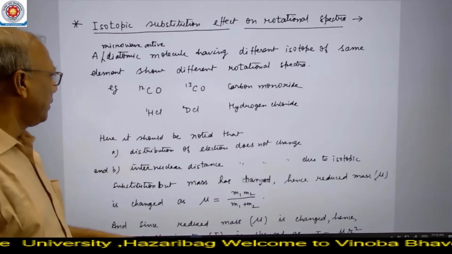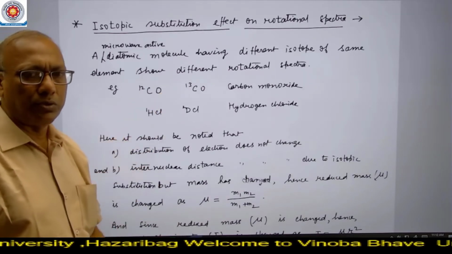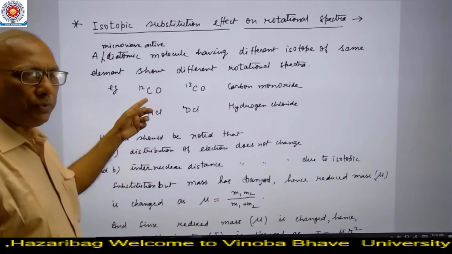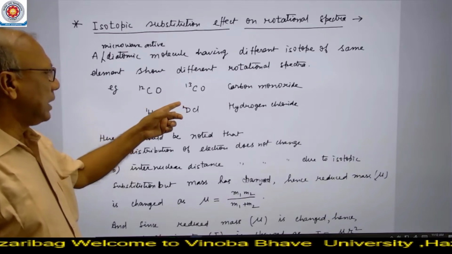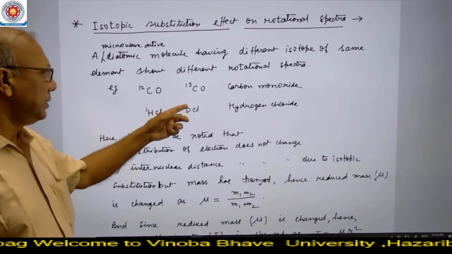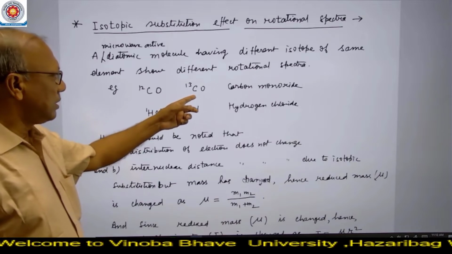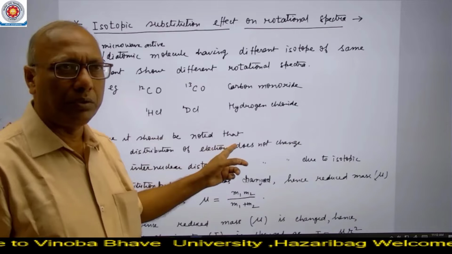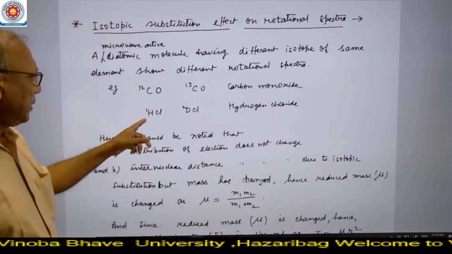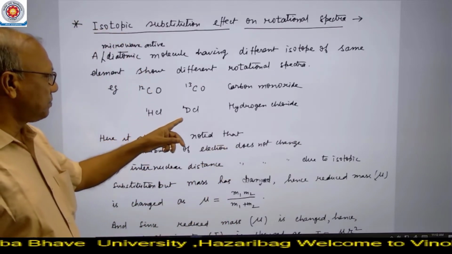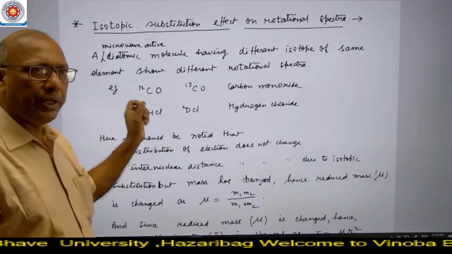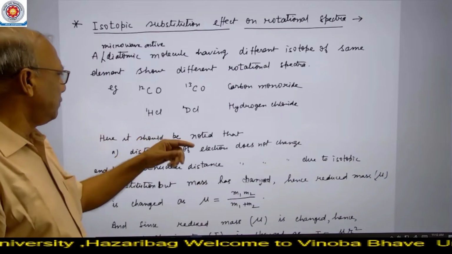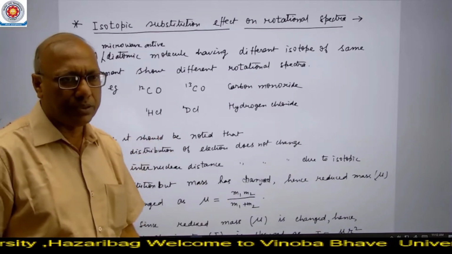For example, take the carbon monoxide molecule, in which carbon is normal, that is C12, and if we take the isotope of carbon, C13, then this is another carbon monoxide molecule. Similarly, if in HCl the H is replaced by its isotope deuterium, written as D, then DCl will be different from HCl.